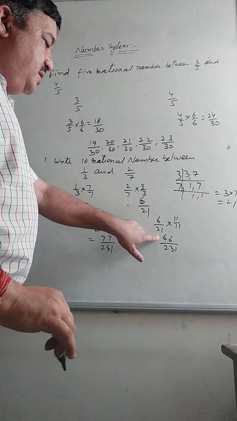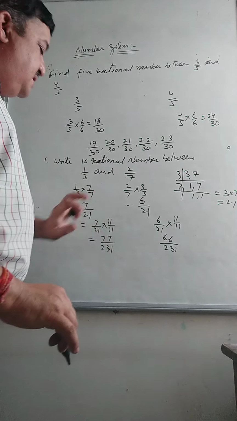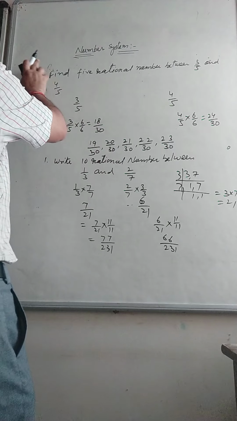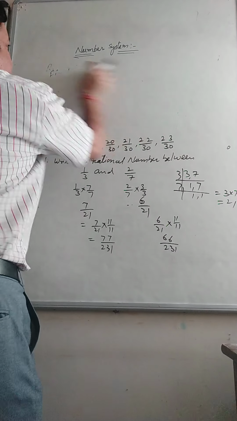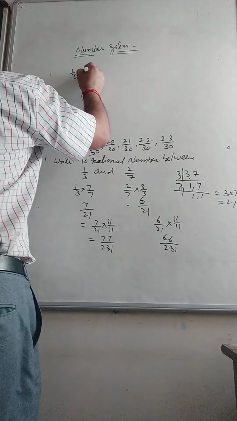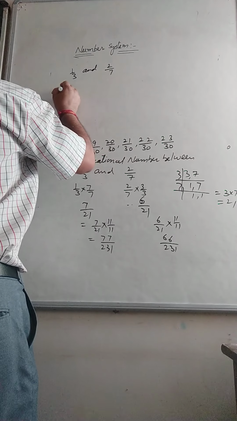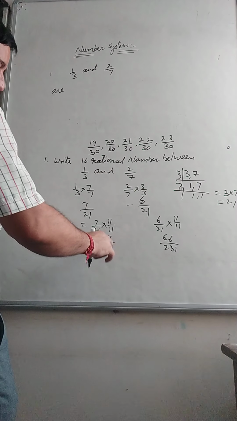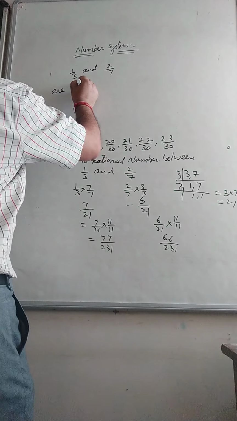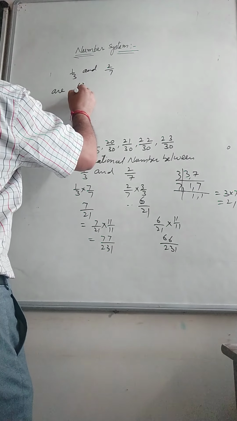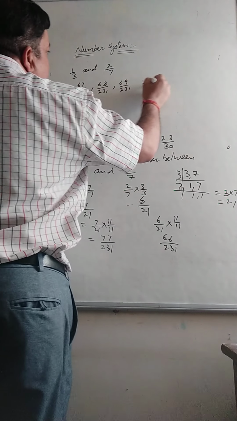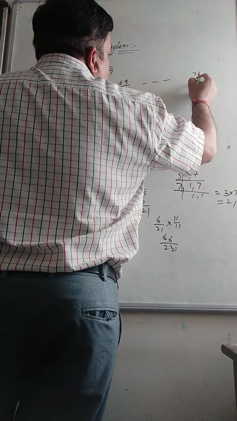Now, there are 10 rational numbers between 66 and 77. So the numbers between 1 upon 3 and 2 upon 7 are 67 upon 231, 68 upon 231, 69 upon 231, up to 76 upon 231.